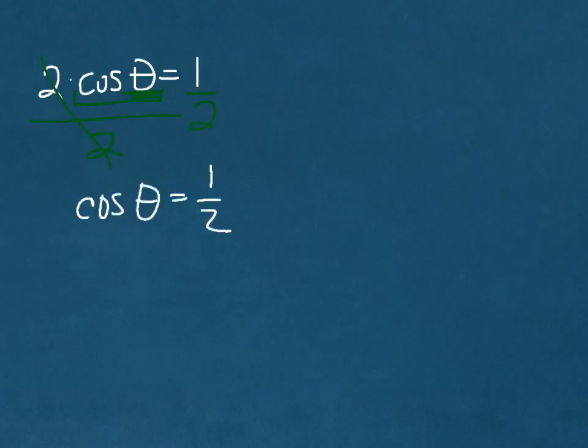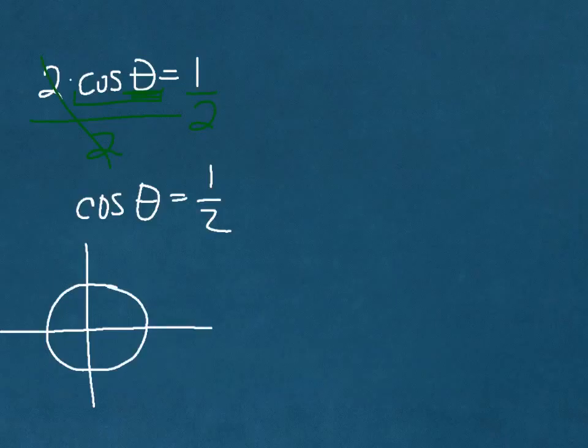Handy dandy little coordinate plane. I always draw the circle first, and then I put my coordinates through the middle. Okay, so my cosine is my x, so my x is 1/2.